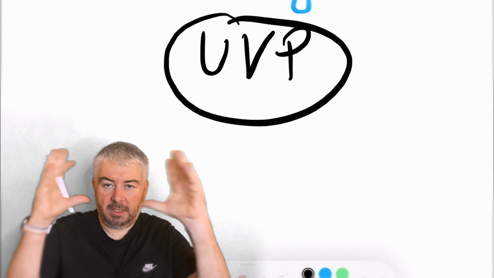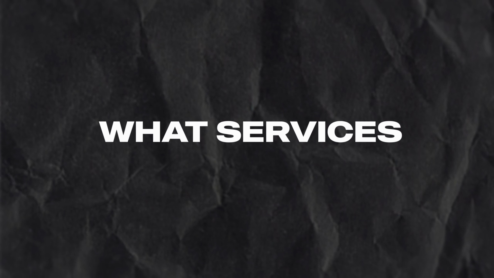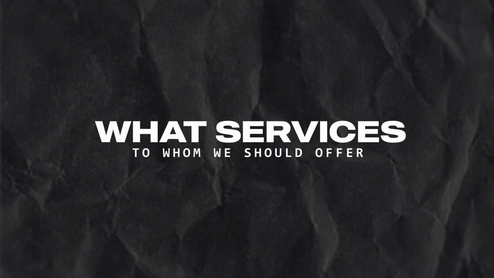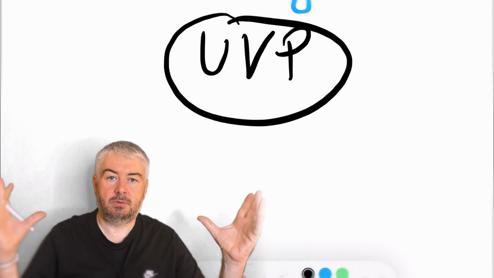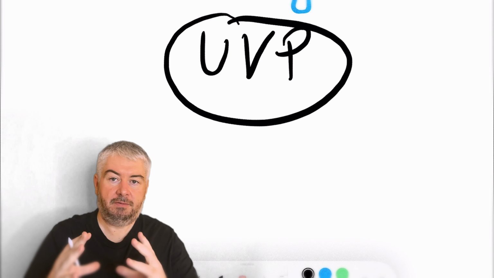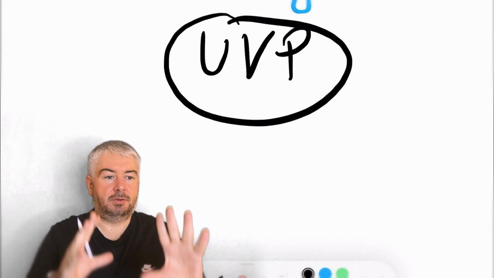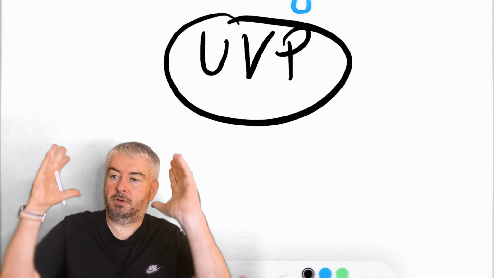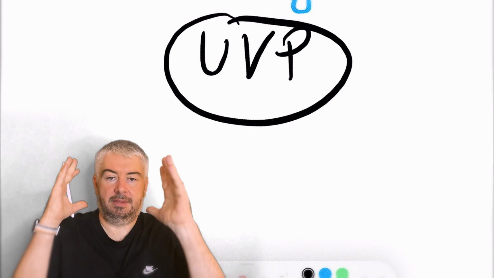This was before me figuring out what kind of services we want to offer, to whom we should offer them. So I really needed to do a very deep research to start then slowly putting things together and figuring out, okay, this is one part that we can focus on, and this is another one, and this is another one.